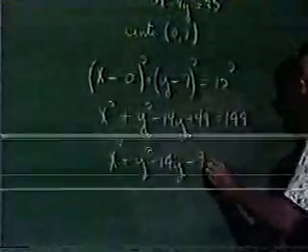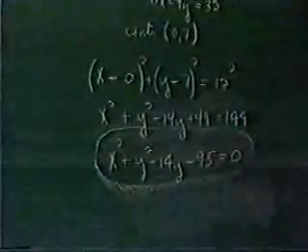What they do is go ahead and square all this mess out. This would be x squared plus y squared minus 14y plus 49 is equal to 144. So that's x squared plus y squared minus 14y minus 95 is equal to 0. And there is kind of the answer they'll have in the back of the book.